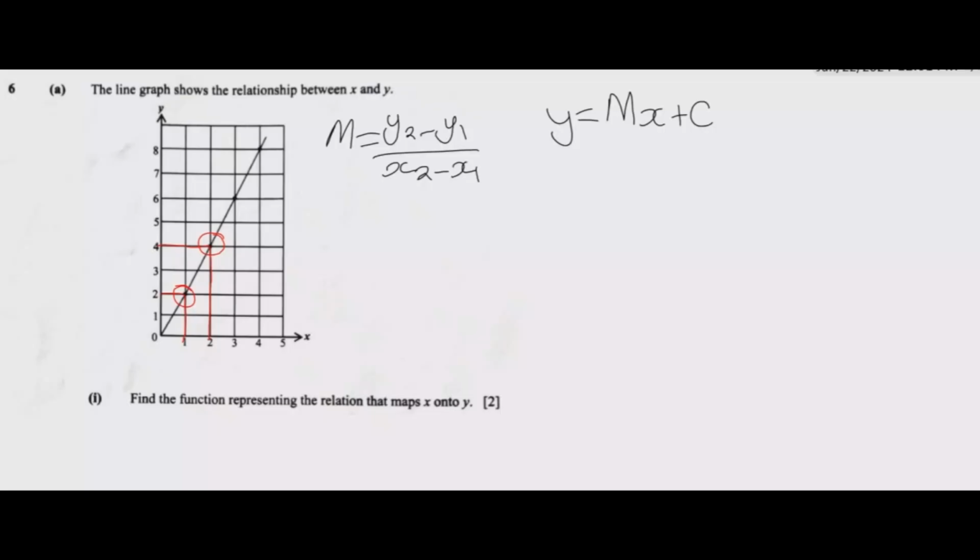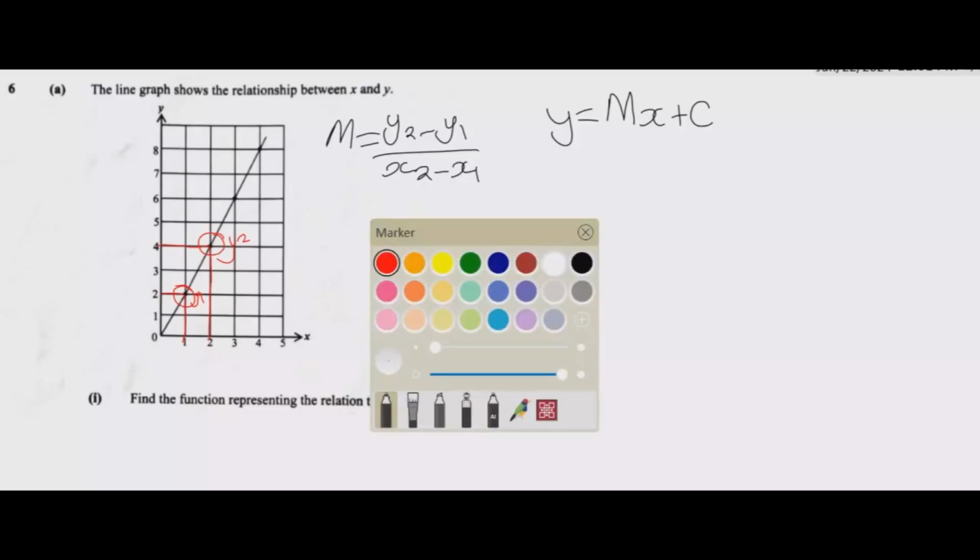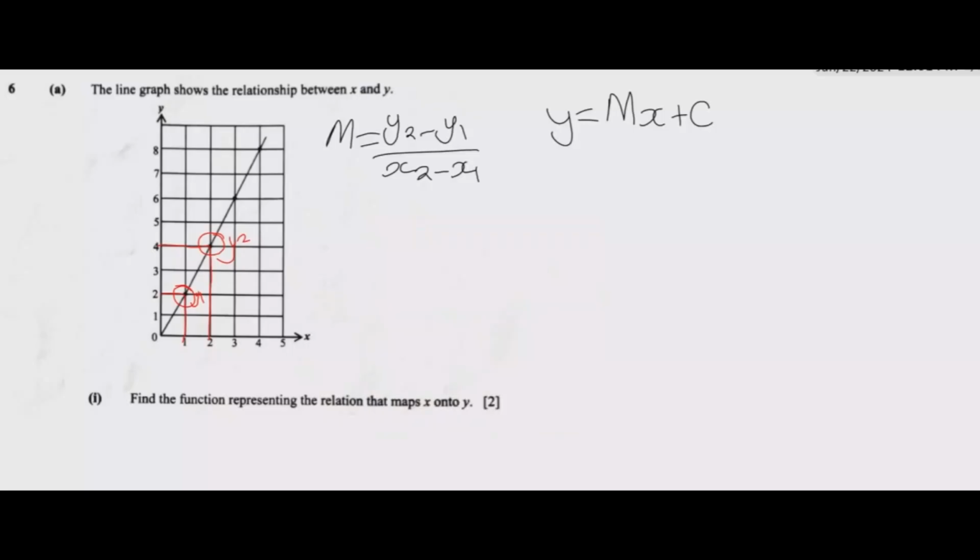So there on top we can write y2, because this is the second point, so we call it y2, and this is the first point, we call it y1. So we can say y2, the value there is 4, so we write 4 minus, then here on y1 the value is 2, minus 2, over.